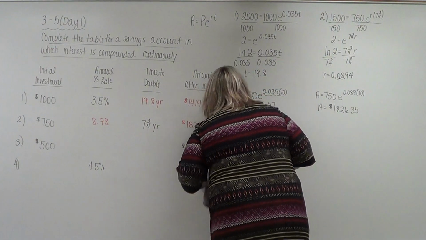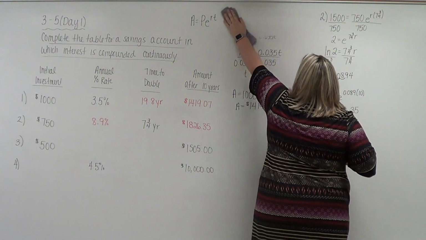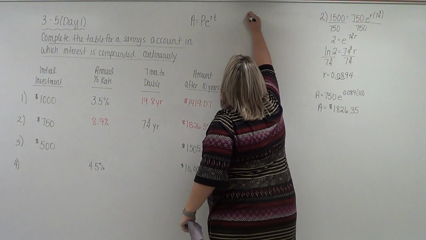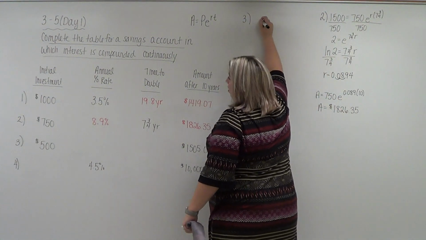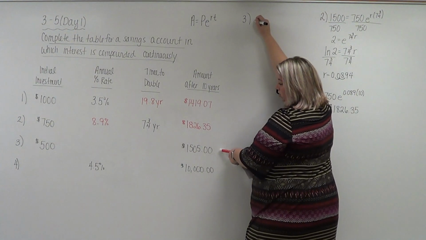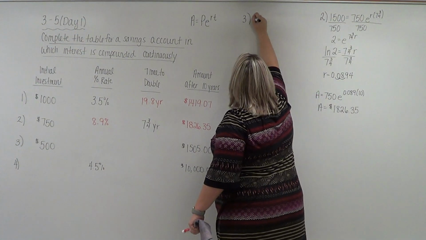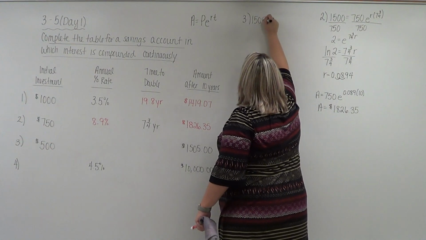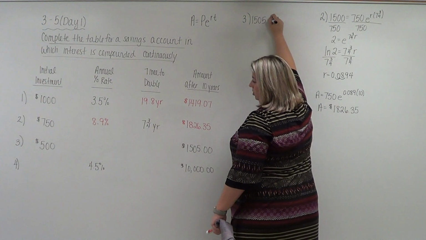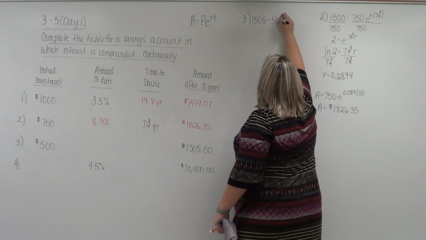Problem number 3. We're going to find, so I have my amount after 10 years, 1,505. My initial amount is 500, e.